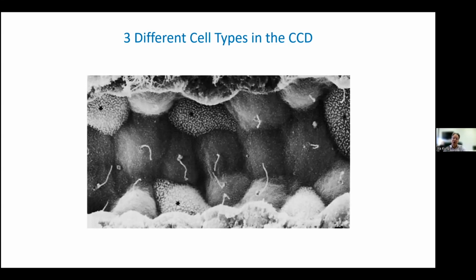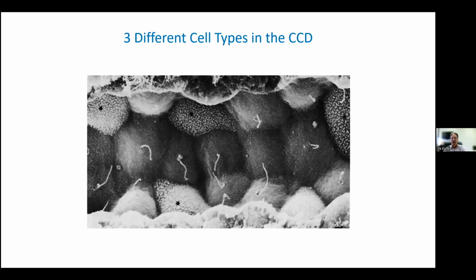Well, the first thing we know a priori is there's not one cell type. We know there's principal cells, but the transport machinery I showed had nothing to do with acid-base transporters. We didn't show a proton, we didn't show bicarbonate, didn't show hydroxyl ions, but maybe it's not the principal cell. And that's in fact the case.